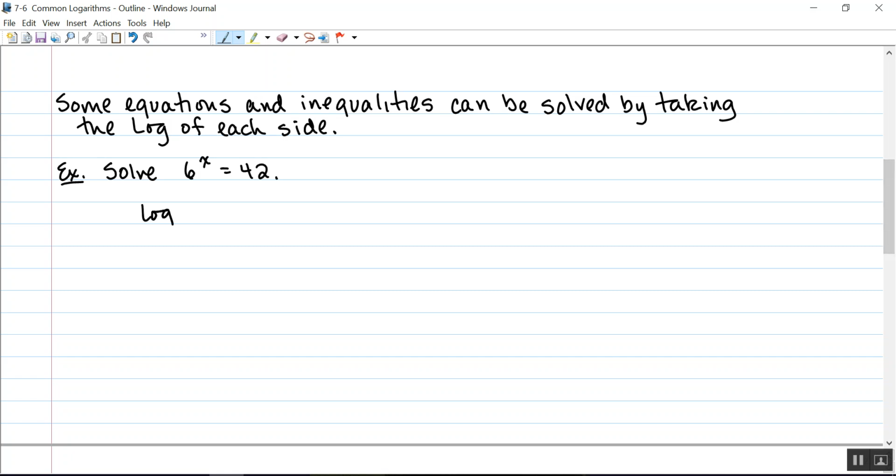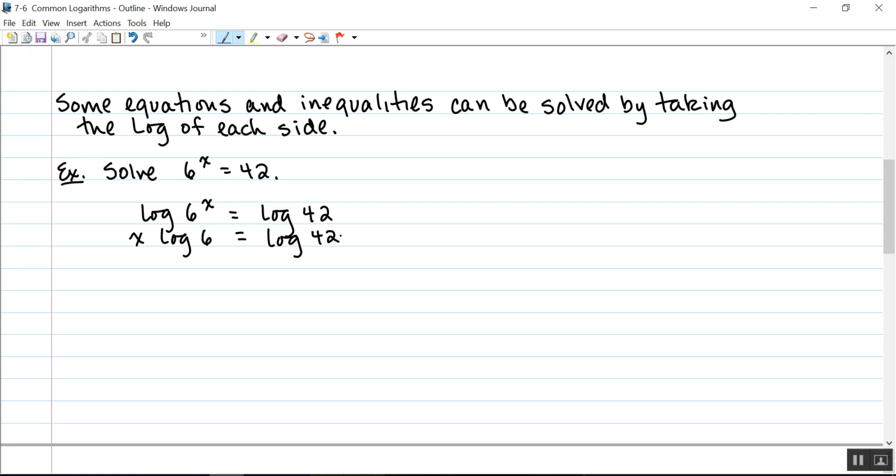So I'm going to write log of 6 to the x, and remember this is a base 10 log, so I don't need to write a 10, equals log of 42. Now I can use my properties of logarithms, specifically the one that says if I have an exponent here, I can move it out front. So I can rewrite this as x times the log of 6 equals the log of 42.